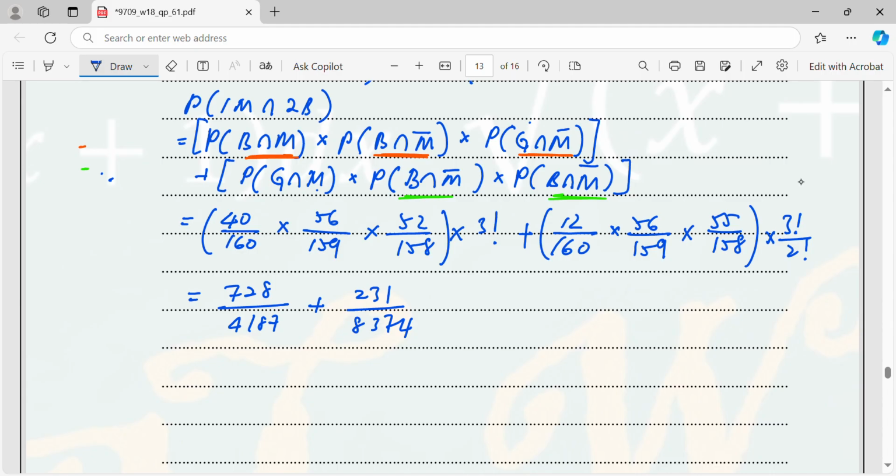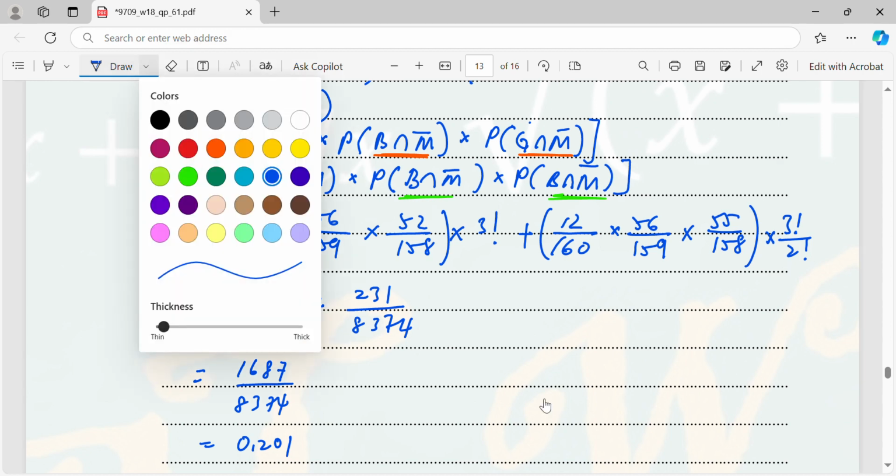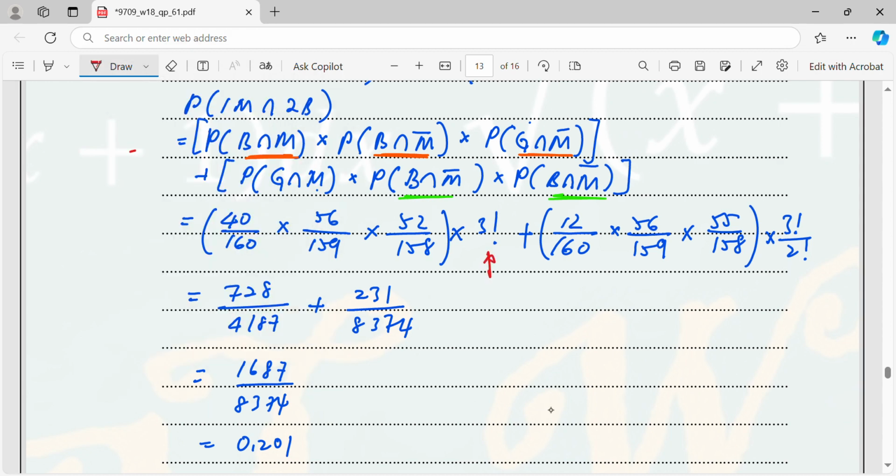Okay, so when you calculate this total, that is going to be 1687 over 8374, and at last you will be getting 0.201. Okay, so this is the solution of this question. Alright, so be careful for the arrangements over here, times 3 factorial and 3 factorial over 2 factorial.